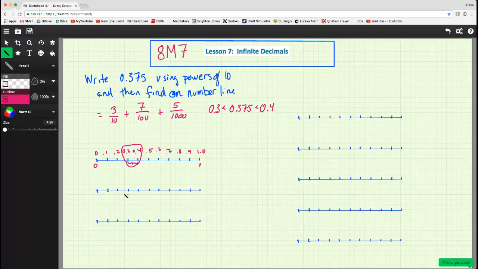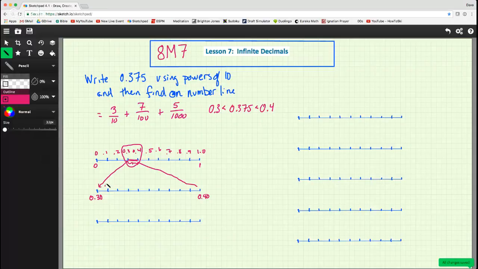Now what we're going to do is blow up this number line. Watch what we did. We're going to say that this is the part of the number line where this is 0.3. We just magnified this little section in here. And over here we get 0.4, and we'll say 0.40 is just 0.30.